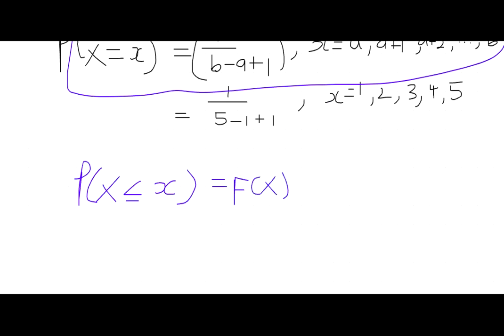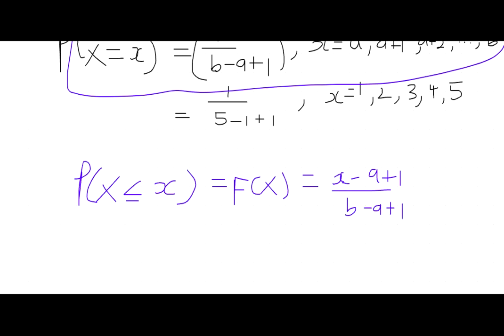That will be x minus a, over b minus a plus 1. Don't forget that the capital letter and the small letter are always distinct. Any particular x you use here goes in the small letter.